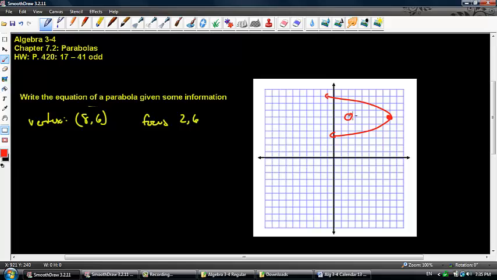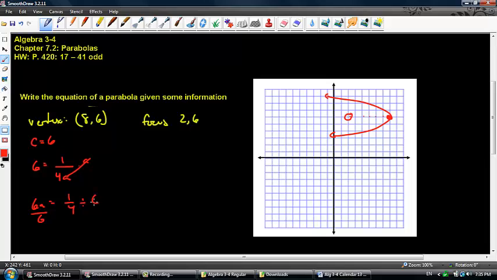From here, I'm going to figure out the distance between my focus and my vertex. So that is 1, 2, 3, 4, 5, 6. So c equals 6. So let's go ahead and figure out what a is. In this case, c is 6. So 6 equals 1 over 4a. I'm going to multiply both sides by a, so I get 6a equals 1 over 4.